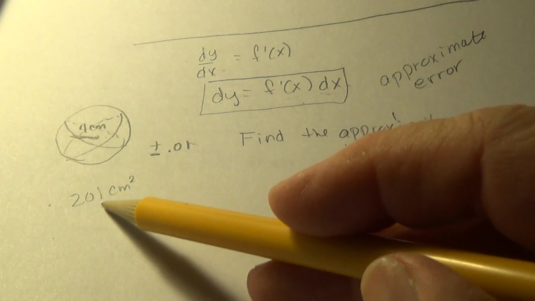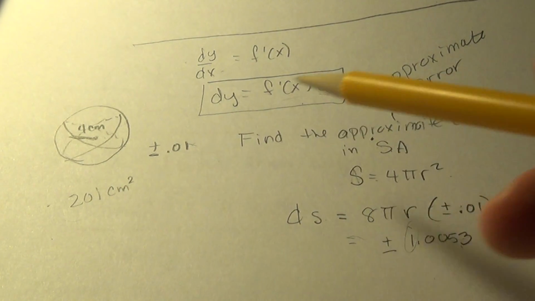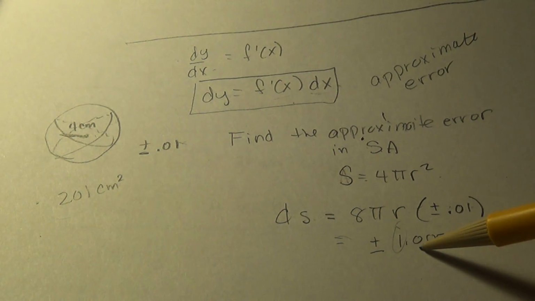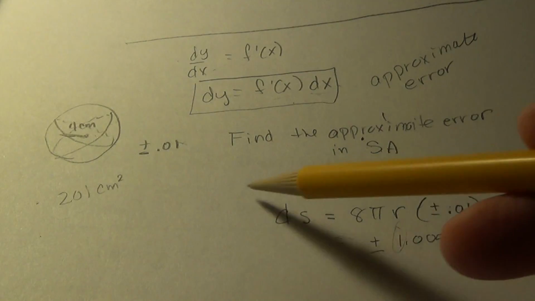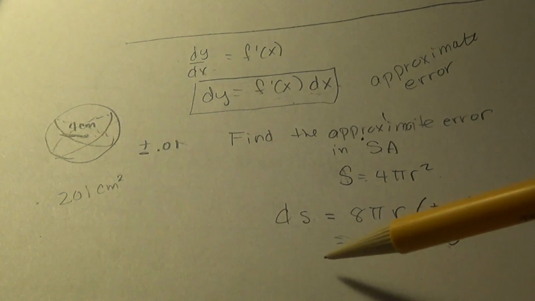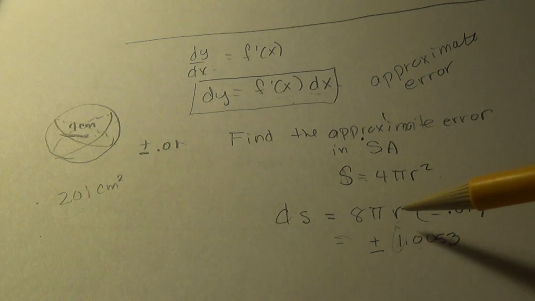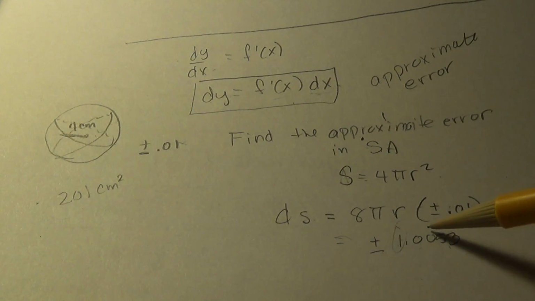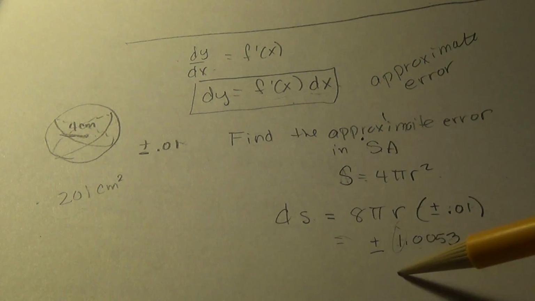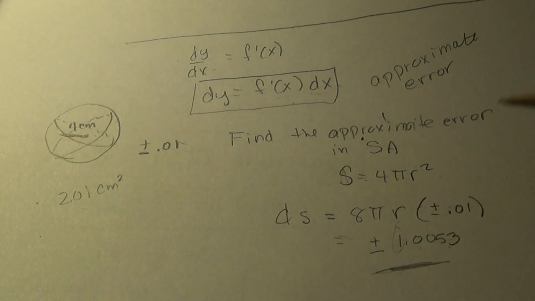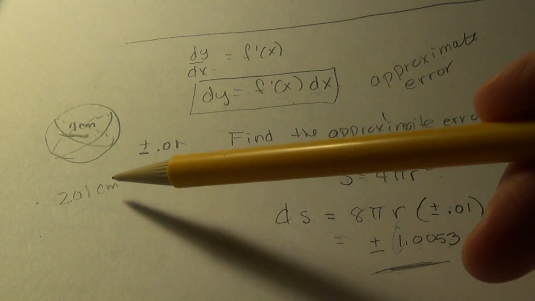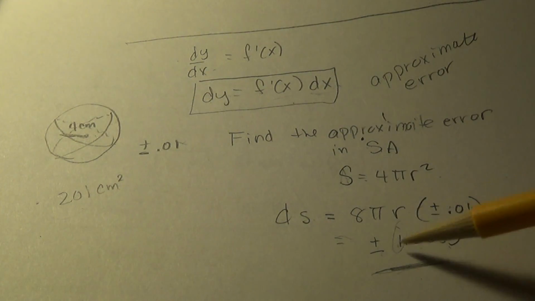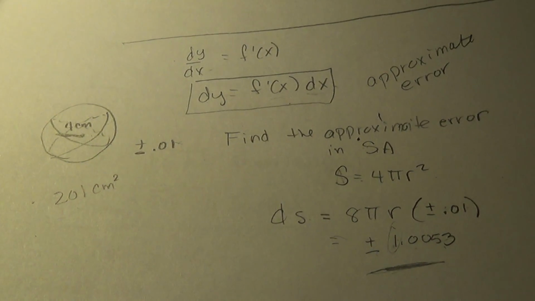Since it's quite a large number, 201, plus or minus 1 isn't so bad. If it was like 20 plus or minus 1, I would say that's too much error. Let's not consider this in whatever we're trying to figure out. But with 201 plus or minus 1, I think that's reasonable.